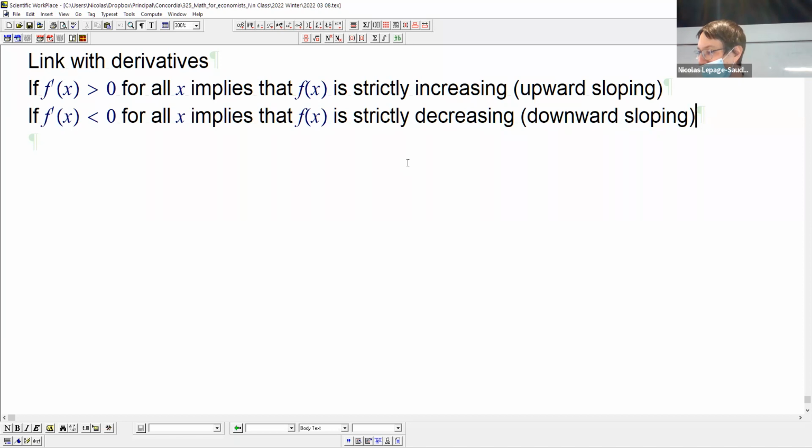So these are all the conditions that you want to check before you try to find the inverse.